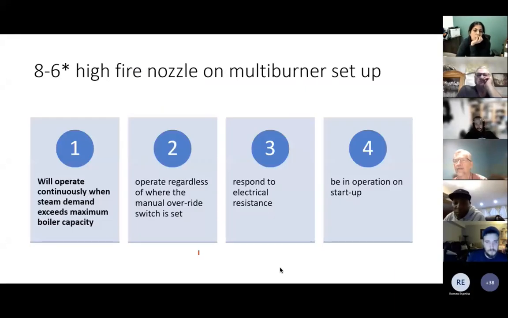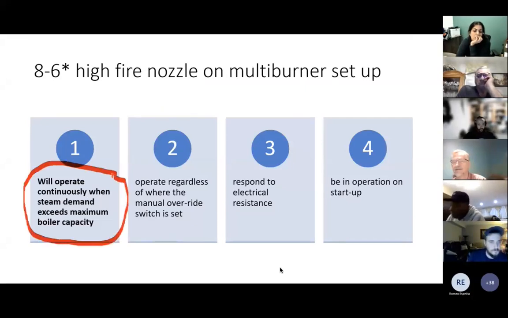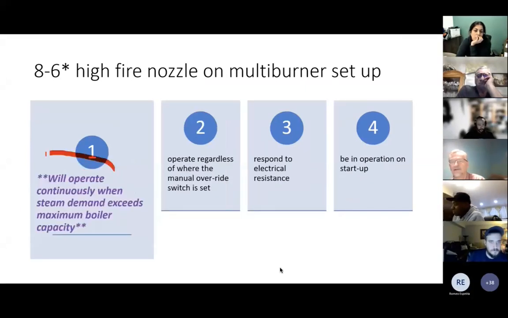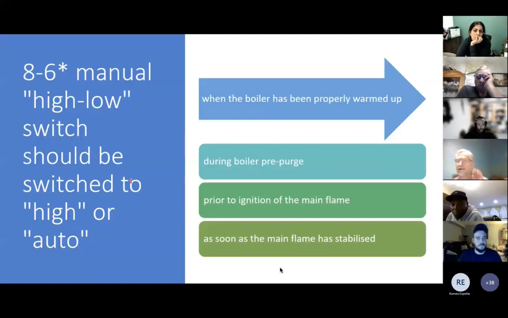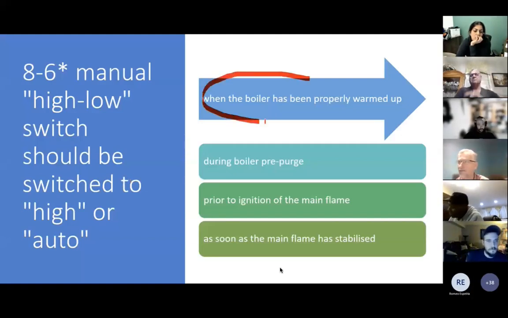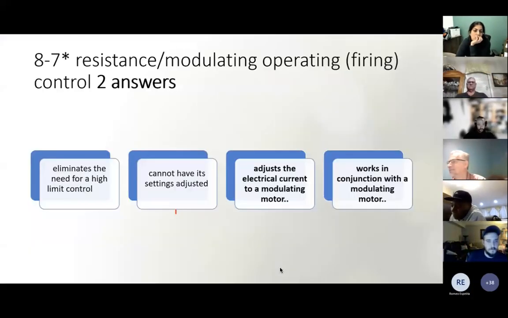High fire nozzle on multi-burner setup will operate continuously when steam demand exceeds capacity. Manual high-low switch should be switched to high or automatic when the boiler is properly warmed up. Two of these are true.